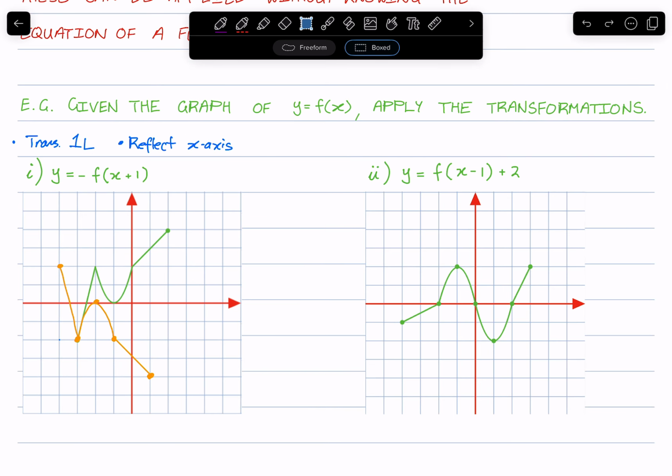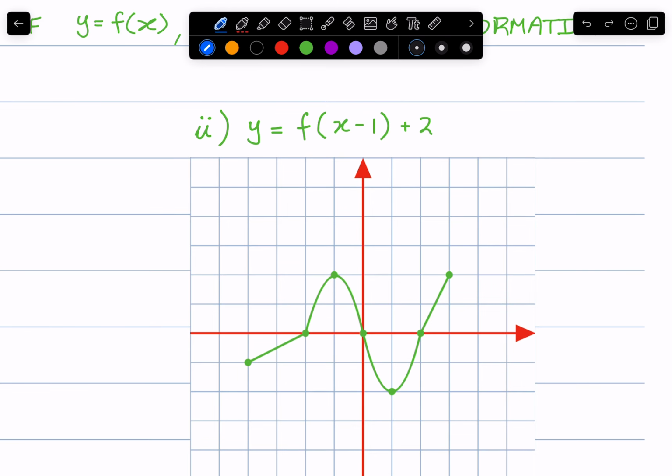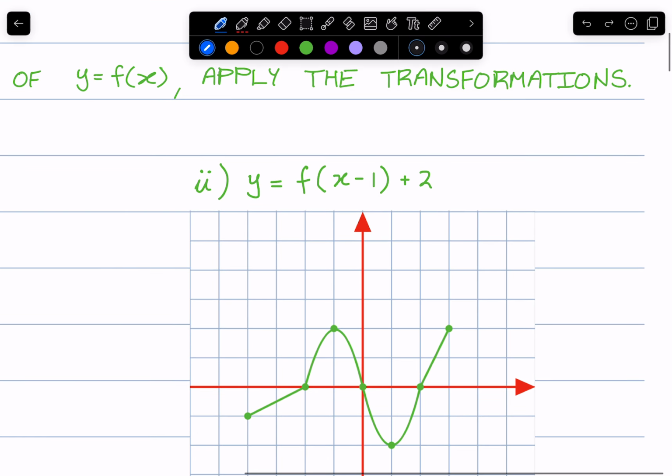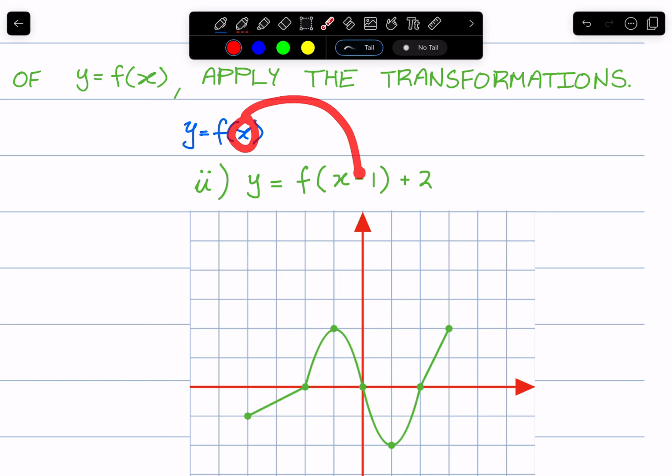Again, let's first identify the transformations that are happening. Remember the original is always going to be y equals f of x. For the x to become x minus 1, it has been substituted by x minus 1. So that is a translation 1 unit to the right.